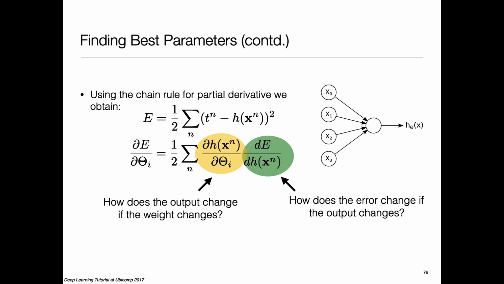Today you can go to a tool like TensorFlow or PyTorch and just define your network, including the nonlinearity you have, describe your error function, and it can take care of the derivatives for you. There are also standard error functions which people commonly use, so that's how things work out.